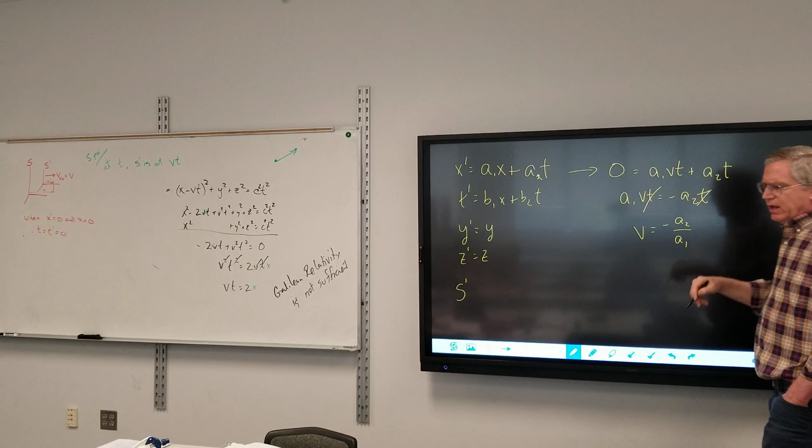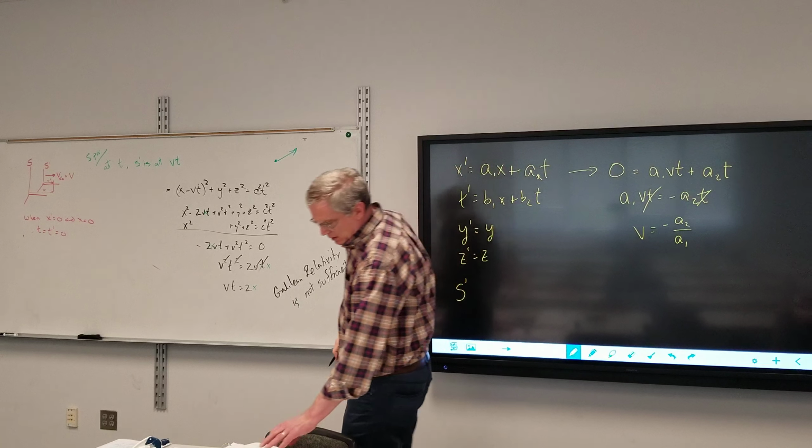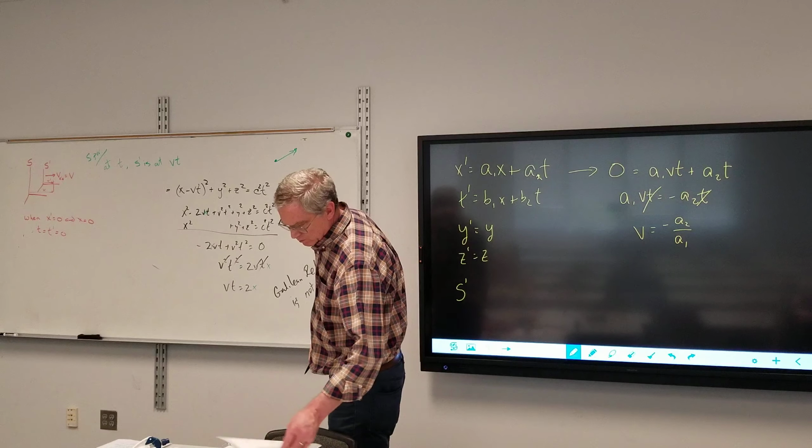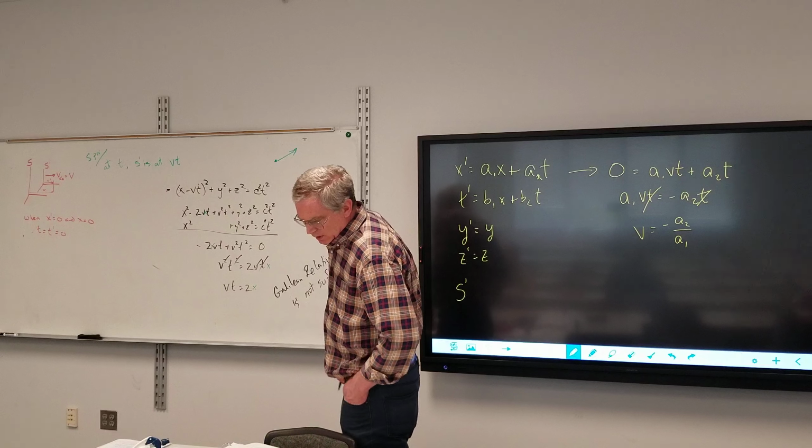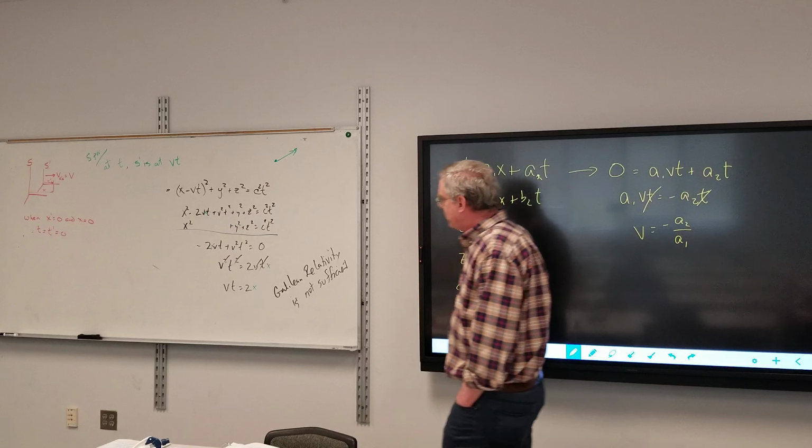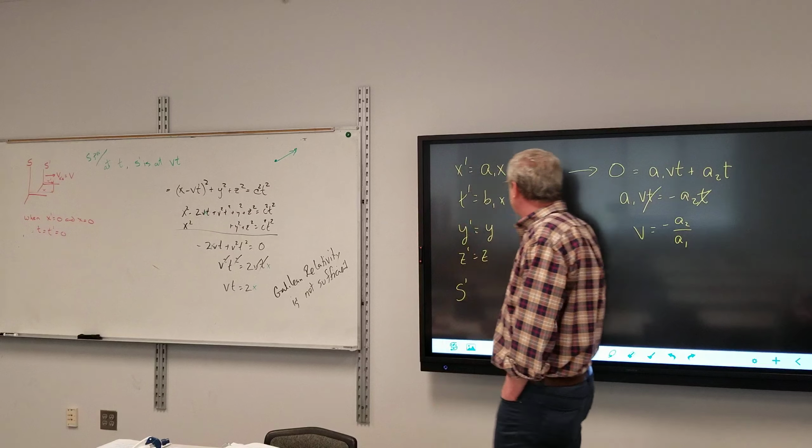Whichever form you want it in, and the form I do want it in is I'm going to get rid of my a2s. So I'm going to take that and substitute it there.